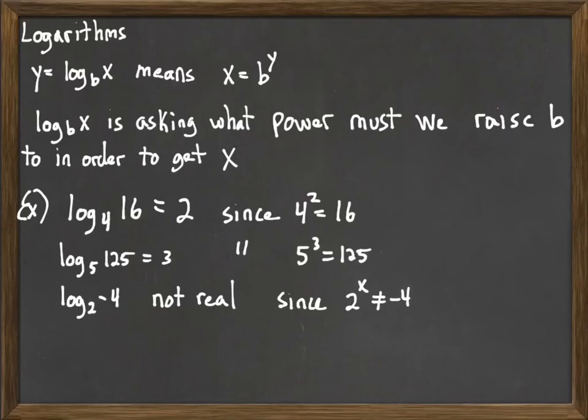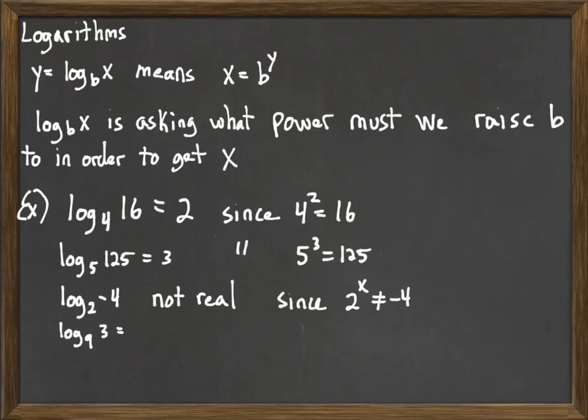Okay, and then let's continue now with some other examples. A little bit more difficult now. Log base 9 of 3. What power do I have to raise 9 to in order to get 3? Well, taking 9 to integer powers isn't going to work. 9 to the first, 9 to the second, 9 to the third.